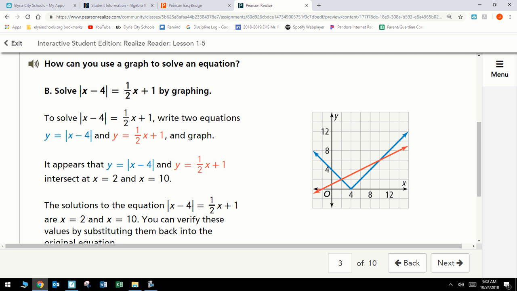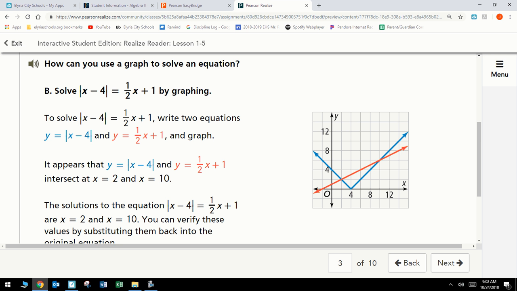So if I graphed y equals the absolute value of x minus 4, right? That's, if we remember our transformations, that's just the absolute value graph shifted to the right 4. So I have that blue graph as the absolute value of x minus 4. And then if you graph the other side, y equals 1/2 x plus 1, intercept at 1, going up 1 over 2, you'll get that orange line.